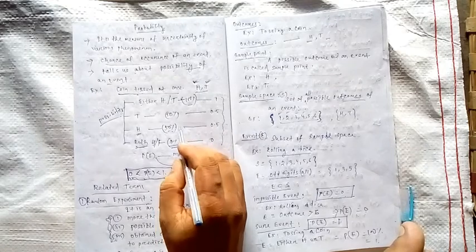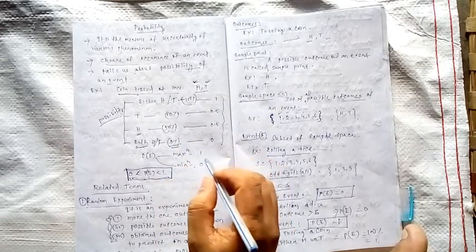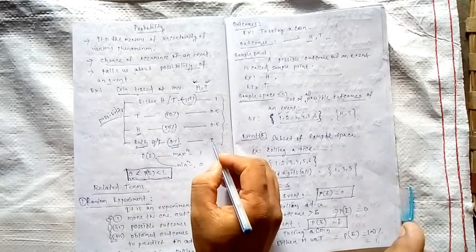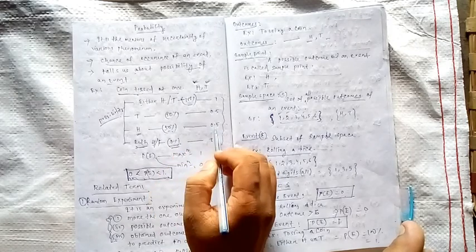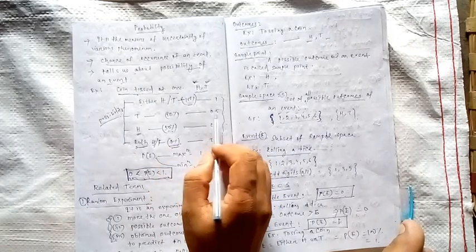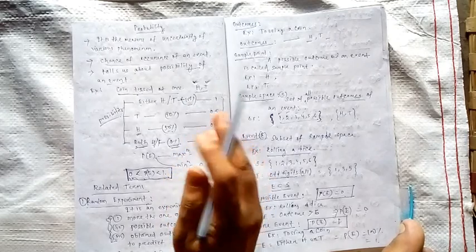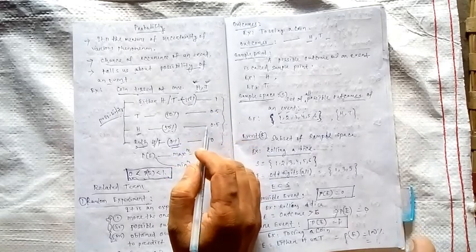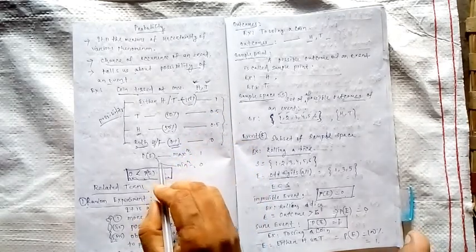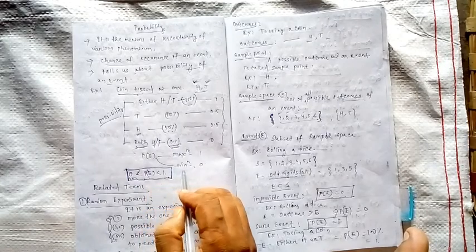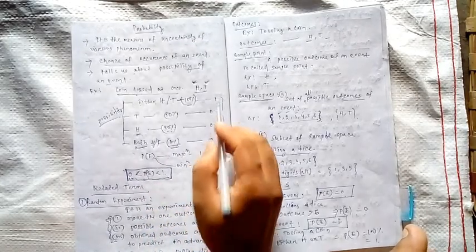So in terms of probability, 0 is 0, 50% is 0.5, and 100% is 1. So probability of this event, minimum is 0 and maximum is 1.